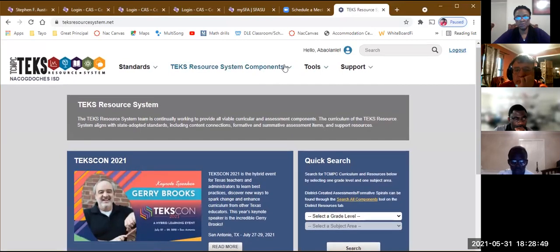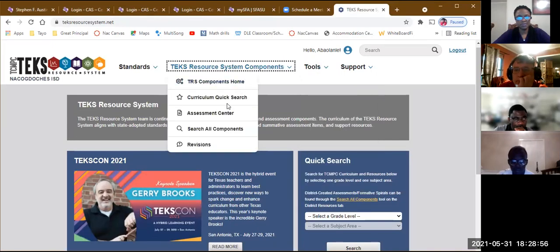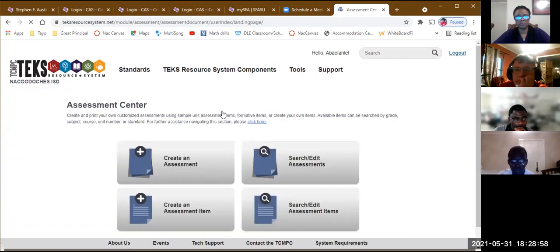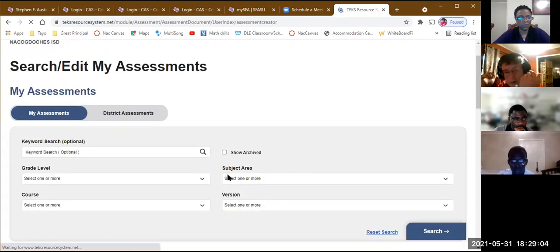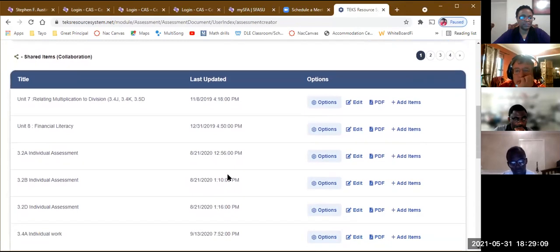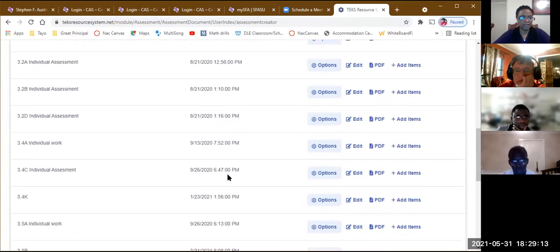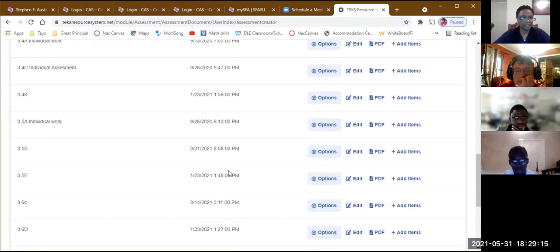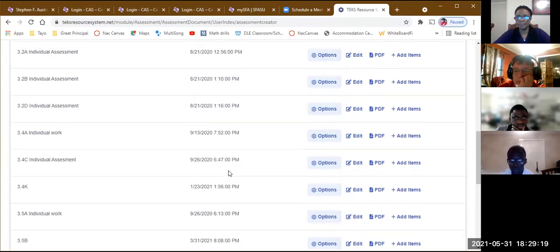Okay, so if you go to Assessment Center, and you put in all, these are the ones that I have done in the past. And these are the TEKS that I've seen how they were assessed. The released questions on STAAR on them.